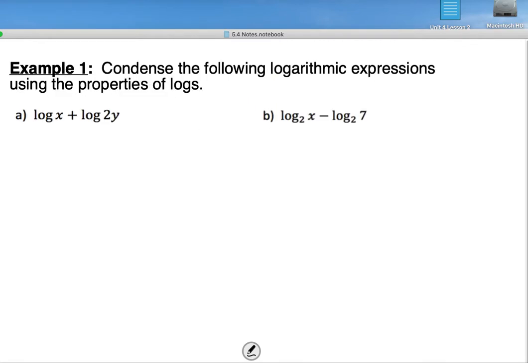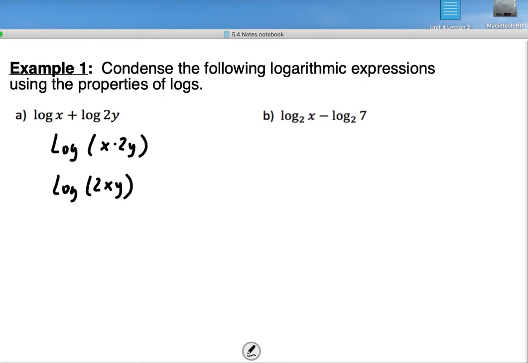So that's what we're going to do in our first example. We put them together using multiplication into a single log. So it becomes log of x times 2y. And then I'm just going to put the number first and put the variables in alphabetical order. So we get the log of 2xy.